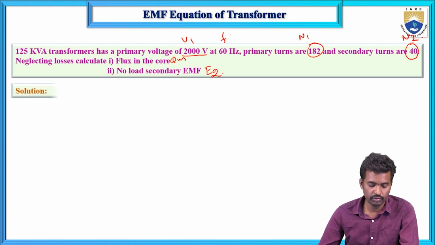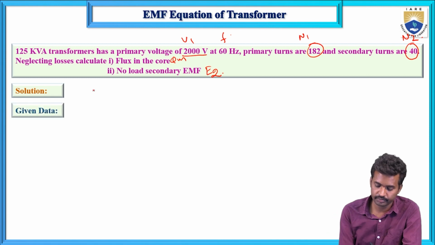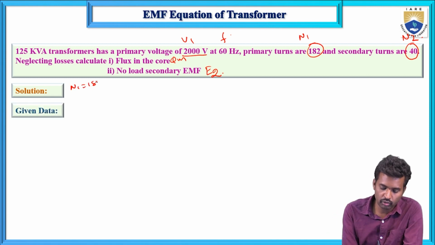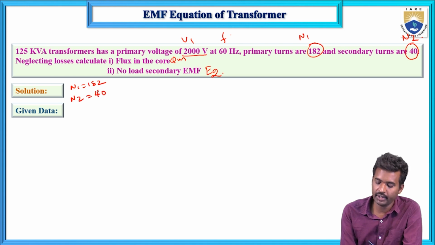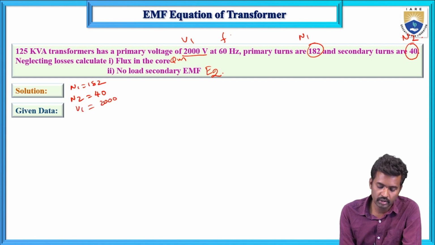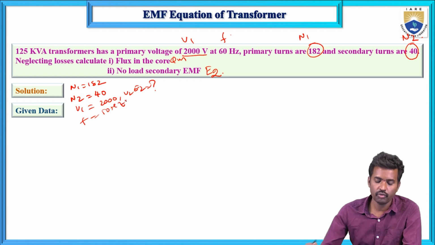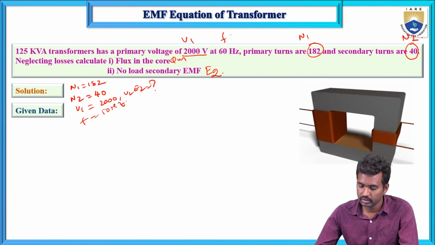So first, solution for this. The given data: N1 equals 182 and N2 equals 40 and V1 equals 2000, and from this you can calculate V2, that means E2 also, and F equals 50 Hz. So first write down this one.